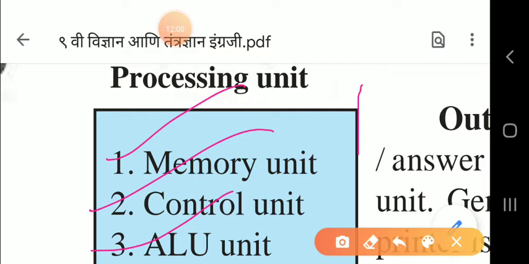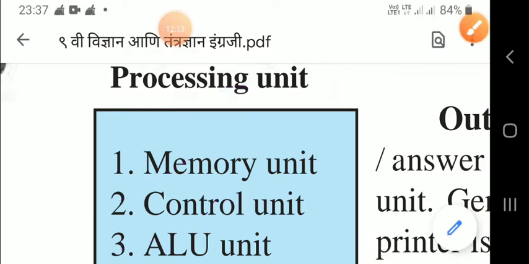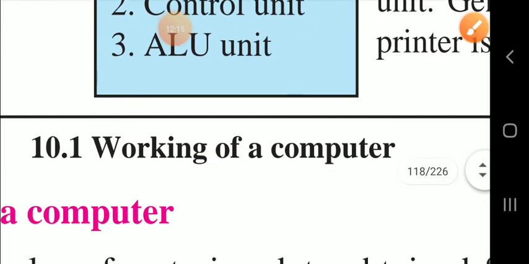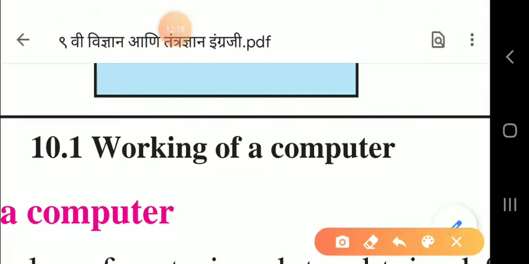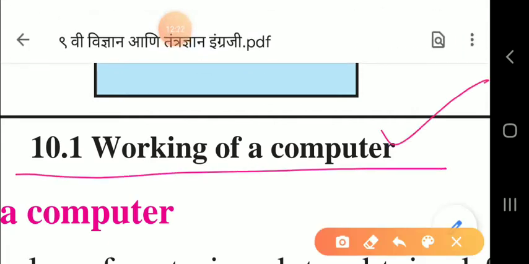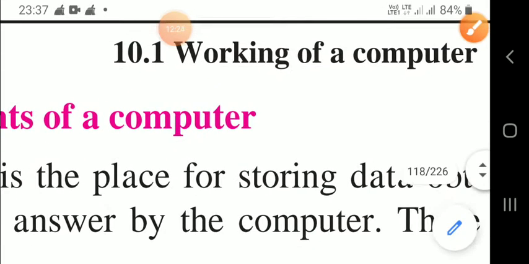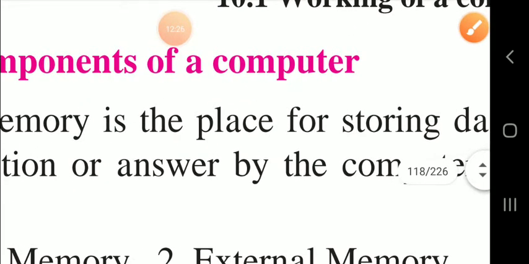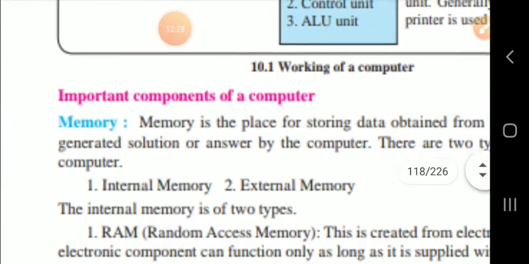So now let us come to the next topic, children. Working of a computer. This I have already explained to you. This is all about the working of a computer. Now let us see the components of a computer.